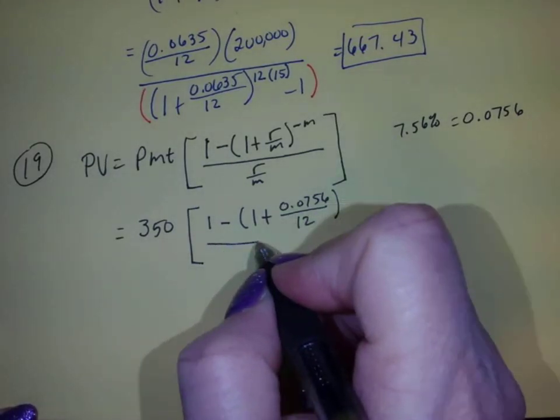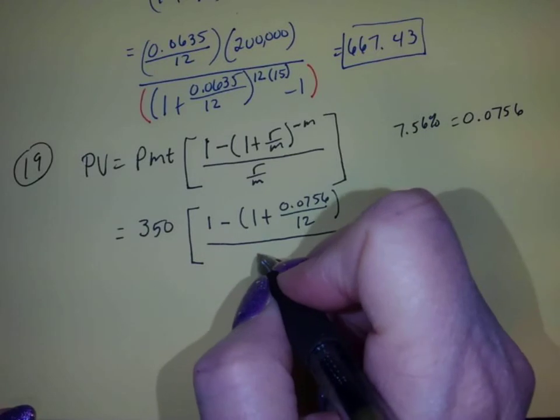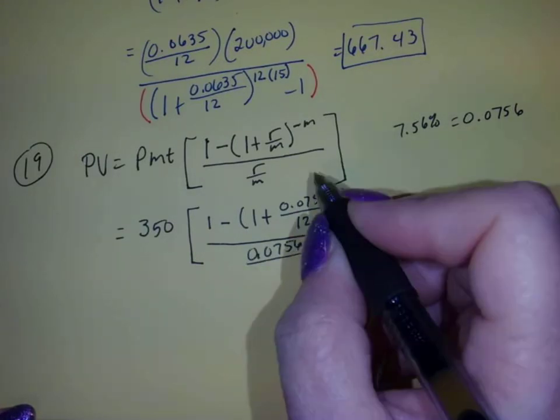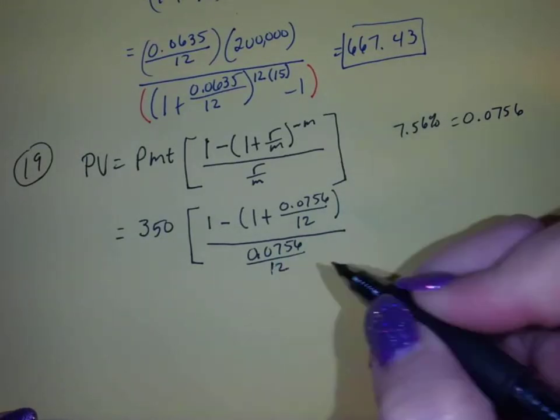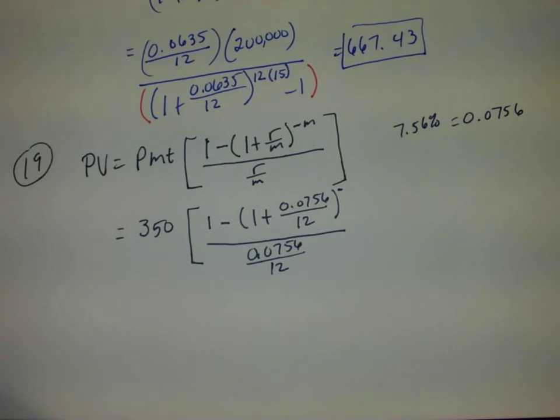We're going to come back to that here in a second. And then we'll be dividing by 0.0756 divided by our 12. And we've got to do that negative exponent.